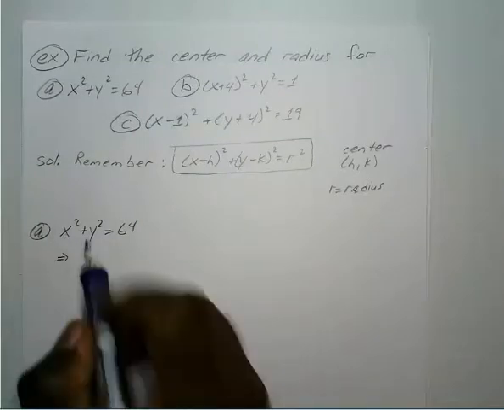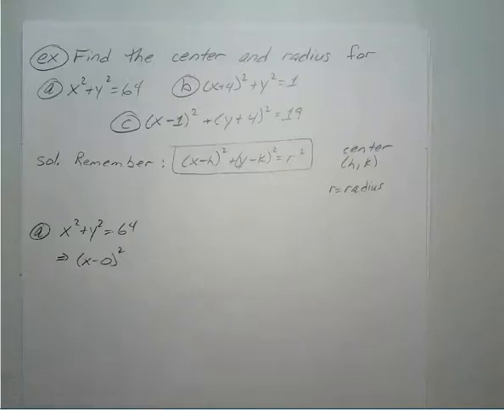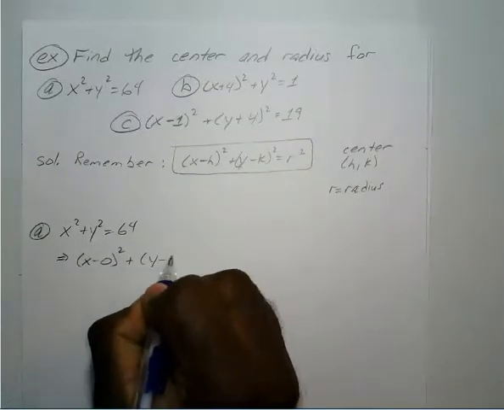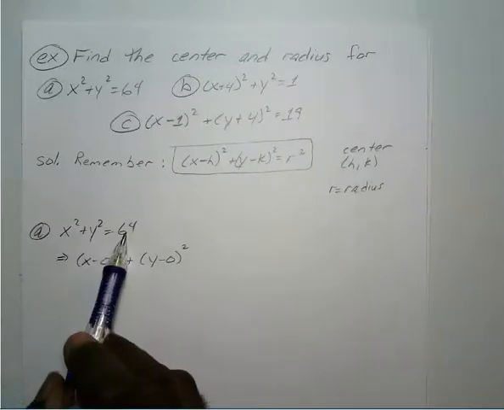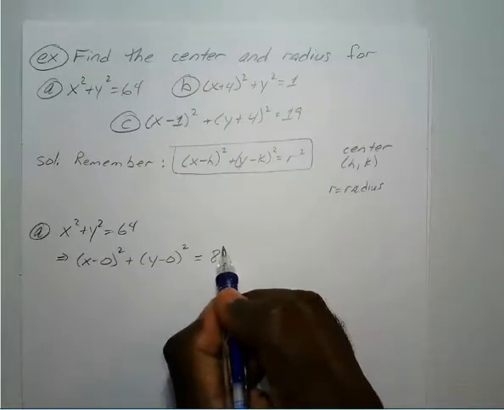Instead of x squared, you can make that (x minus 0) squared. Same thing, x minus 0 is just x. And instead of y squared, you can make that (y minus 0) squared. Now instead of 64, remember 64 is just 8 times 8, so you can make that 8 squared.